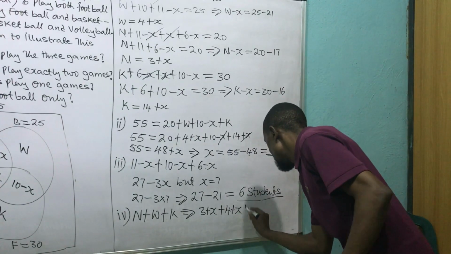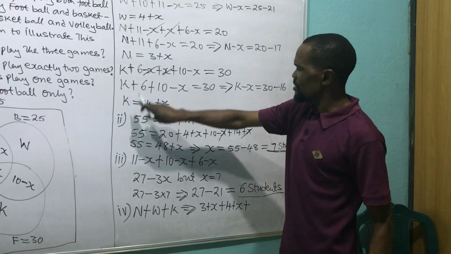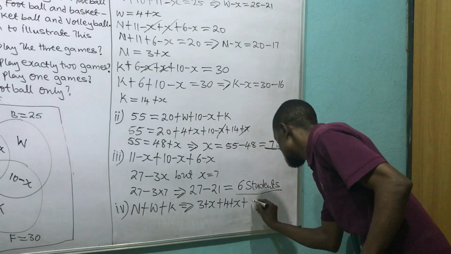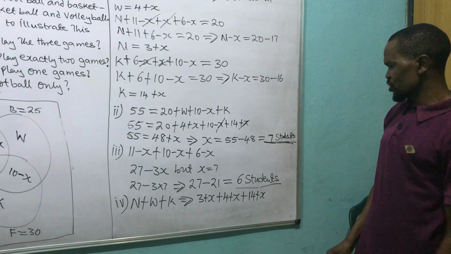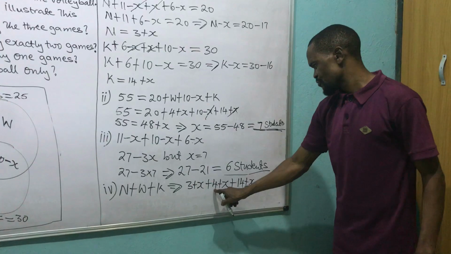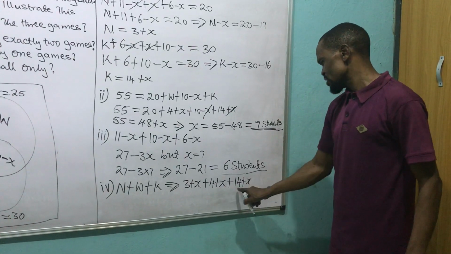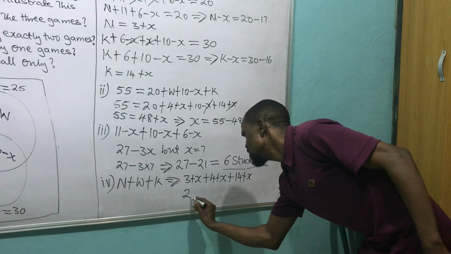Then what is my K? My K is 14 plus x. Then I can collect like terms: 3 plus 4 is 7, plus 14 gives me 21. That makes my 21 here.